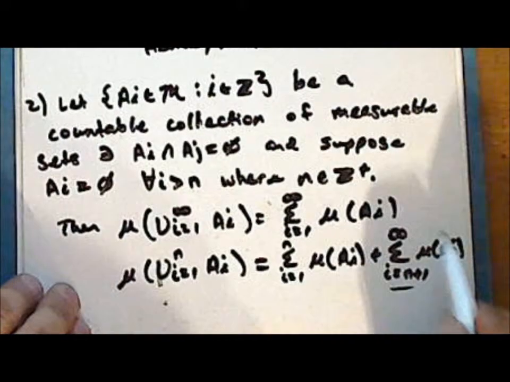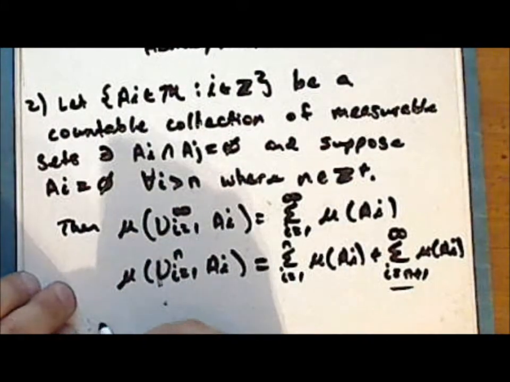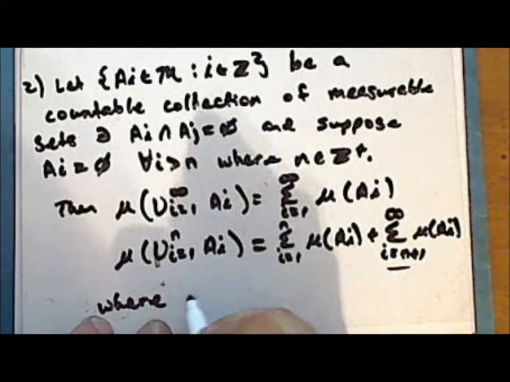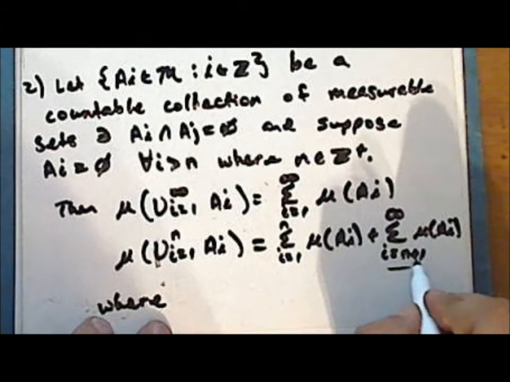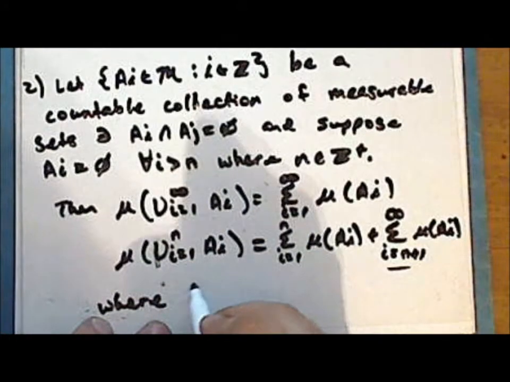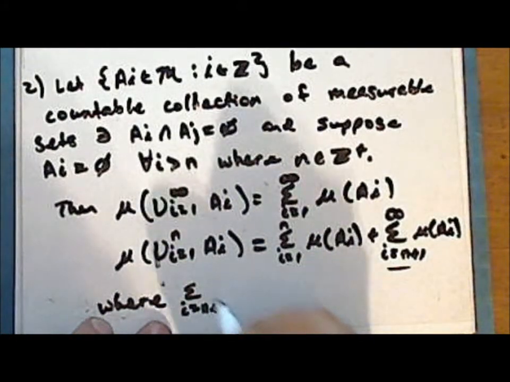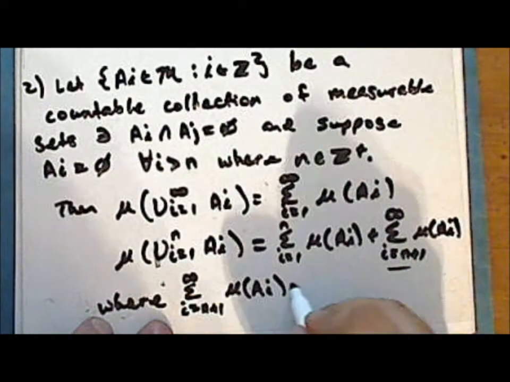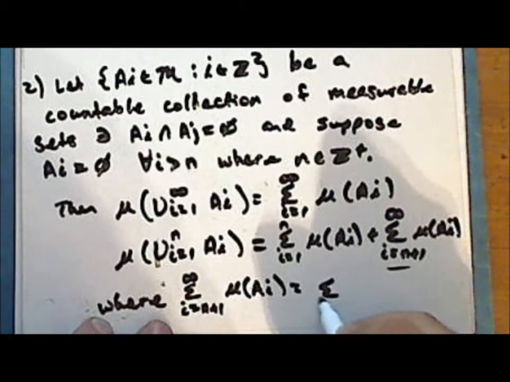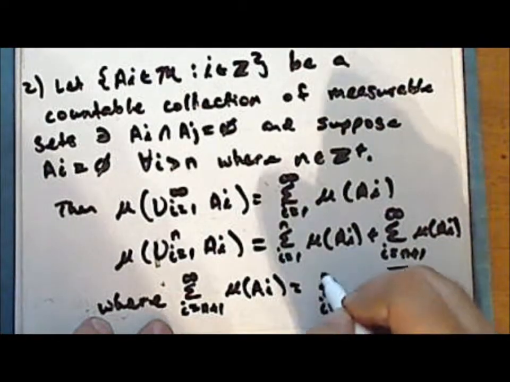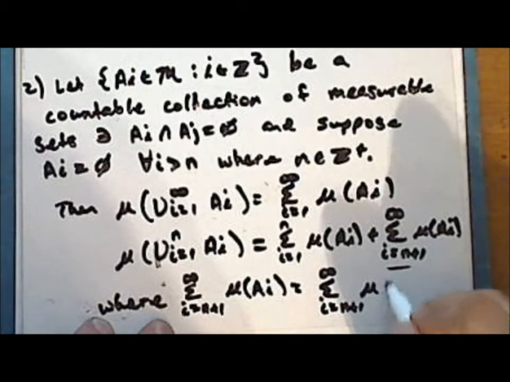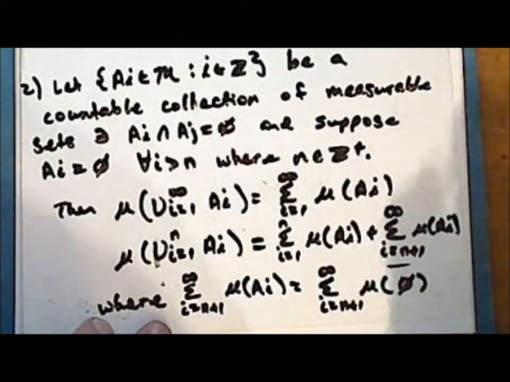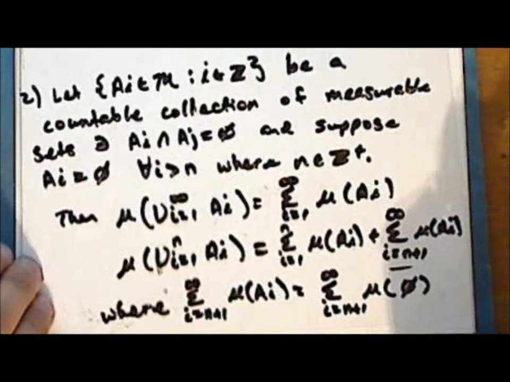So we need to look at this term here. For these index values, we have for i equals n plus 1 to positive infinity of the measures of the sets A sub i. This is the infinite sum from i equals n plus 1 to infinity of the measure of the empty set, because each of these sets for these index values is the empty set.